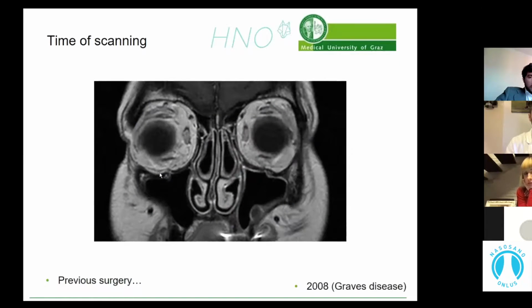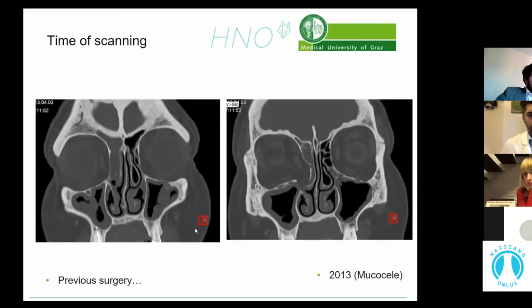This is just another patient I saw yesterday at our department. She came in first time 2008 with Graves disease, and a few years afterwards, orbital decompression was performed, and after this orbital decompression, a mucocele appeared.